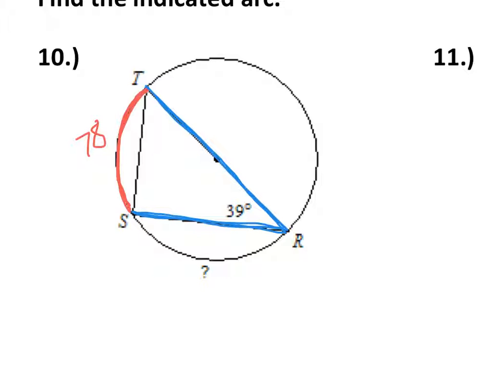Also, you can see that from T to R is a diameter again, which splits the circle in half. So this half of that circle is 180 degrees.